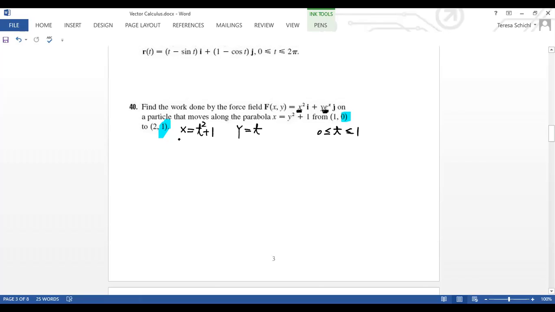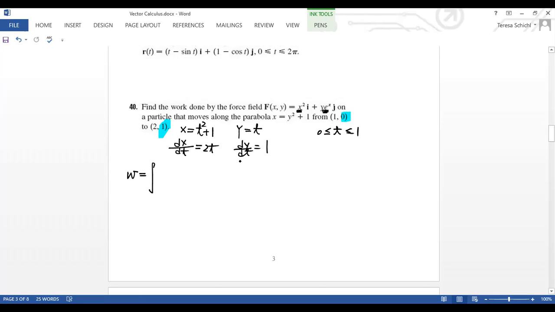Now I'm going to do the same thing. After you find that, dx/dt here is 2t, and dy/dt is 1 here, right? Okay, so now I know the work done will be an integral.